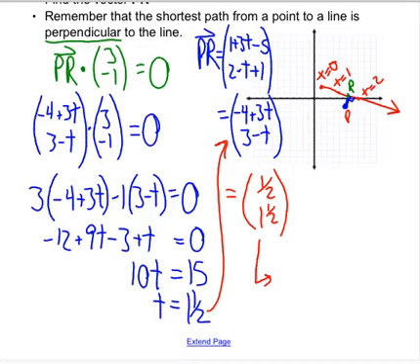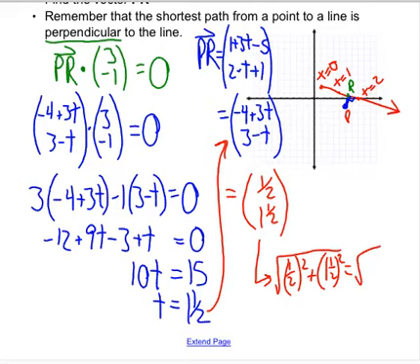Again, we've done all the hard work. Don't forget to answer the problem. So it's 1/2 squared plus 1.5 squared. So that's 0.25 plus, I'm sorry, 2.25.